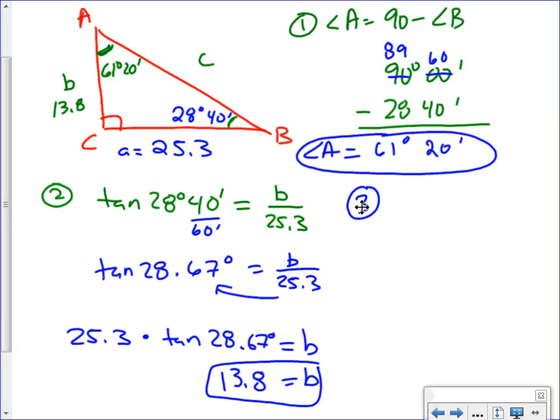We know that a squared plus b squared equals c squared.